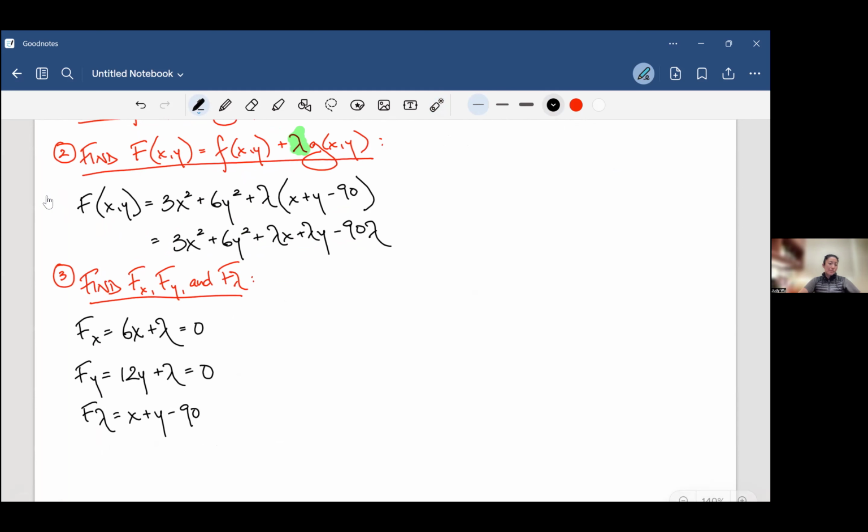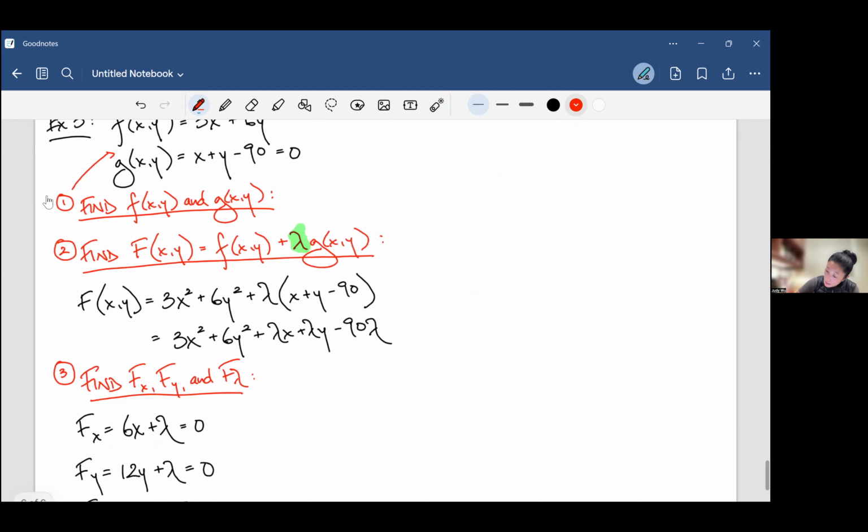So how do we proceed? Now we have to solve for x, y, and lambda. Keep in mind, just like in the lectures, it will be different algebraic processes: sometimes elimination, sometimes substitution.